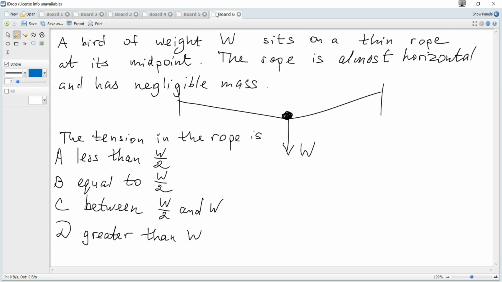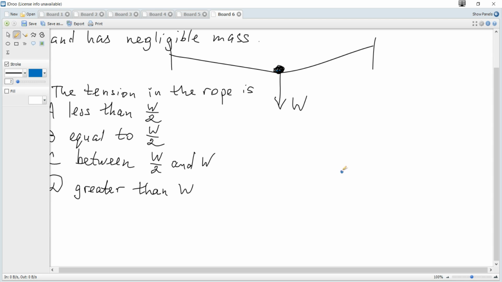The next, a bird of weight W sits on a thin rope at its midpoint. The rope is almost horizontal and has negligible mass. The tension in the rope is. So let's consider a free body diagram. Definitely it must be symmetrical.